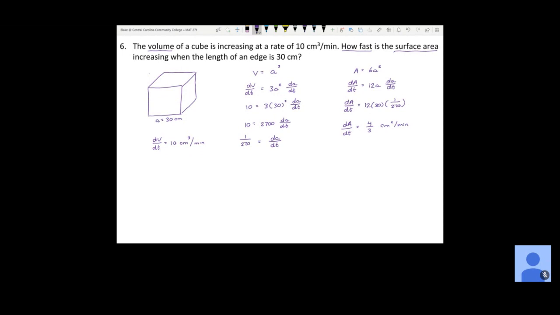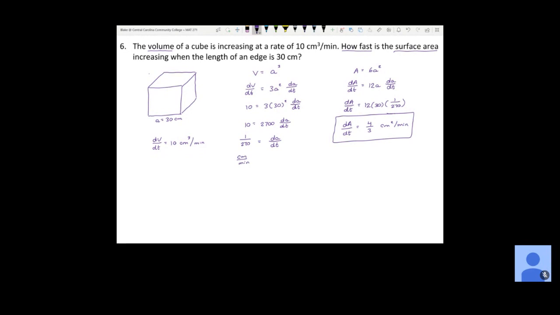Remember, the volume was changing at a rate of centimeters cubed per minute. The edge would be centimeters per minute. But now the area would be a rate of change in centimeters squared per minute. Okay. And that's our answer, right? So we were trying to figure out how fast is the surface area increasing. 4/3 centimeters squared per minute would be our answer.